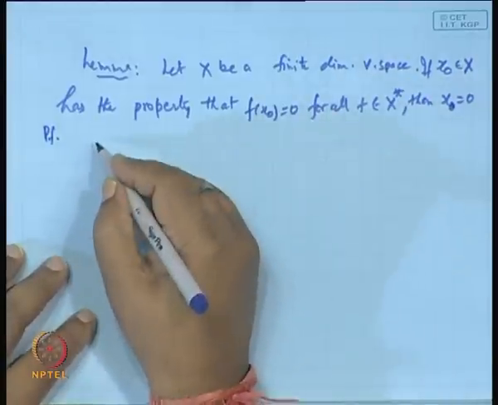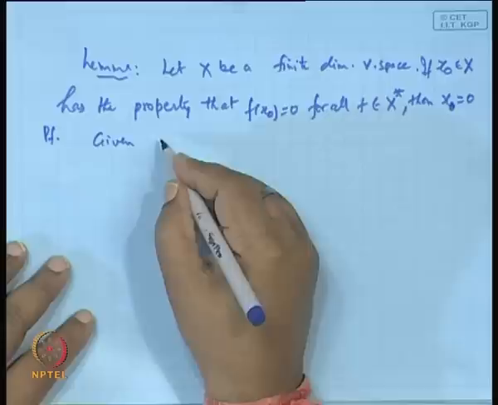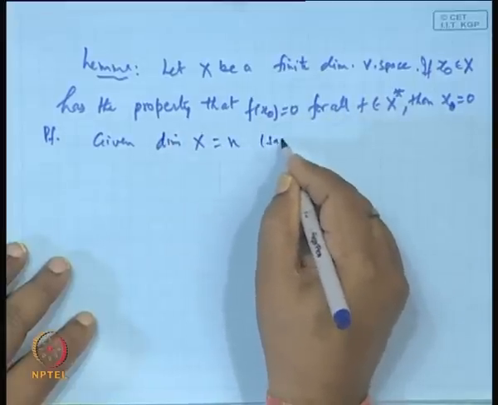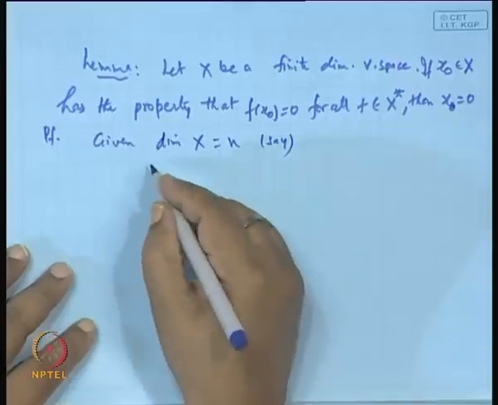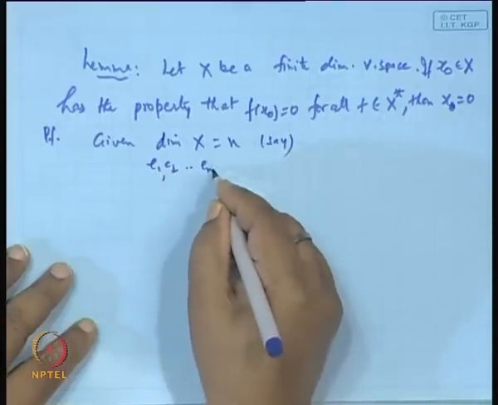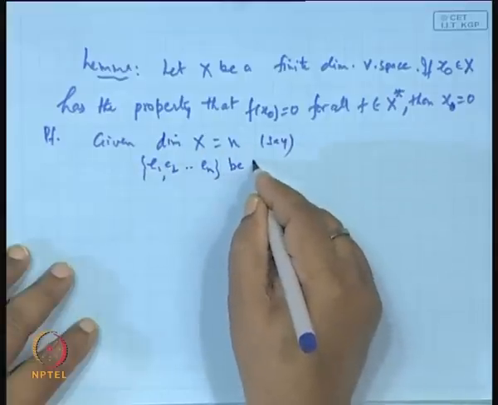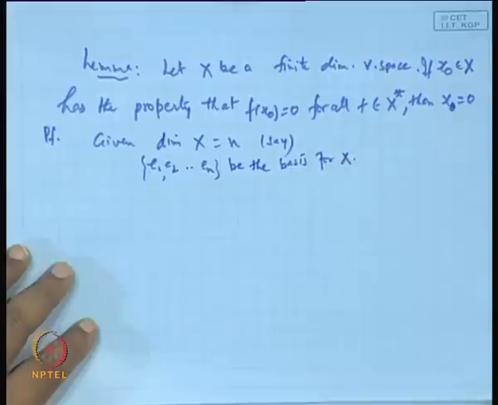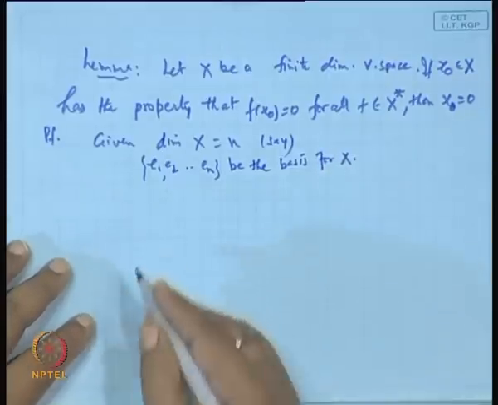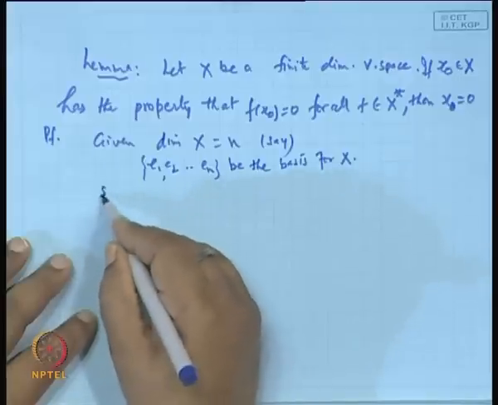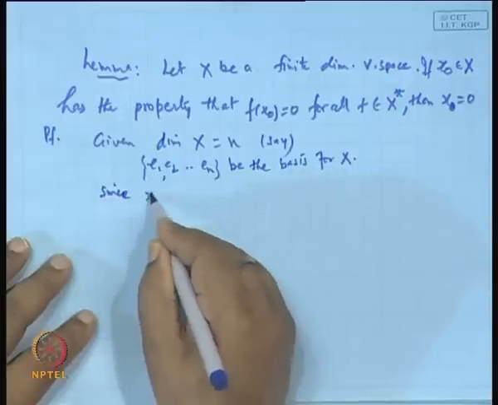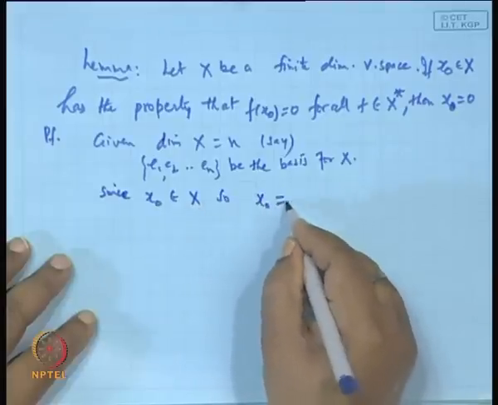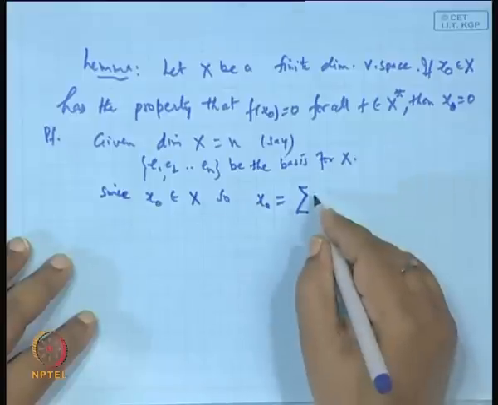The dimension of X is given, say n, and E1, E2, En is a basis for X. And x naught is a point in X. So x naught can be expressed as a linear combination of these basis elements.